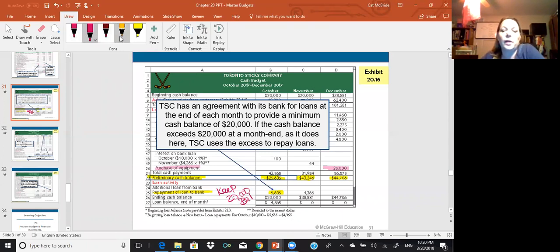So we started out with the $10,000 balance on our loan. Now we have $20,000 in the bank, and we only owe for our loan $4,635. The next month, we have a total of $43,246.